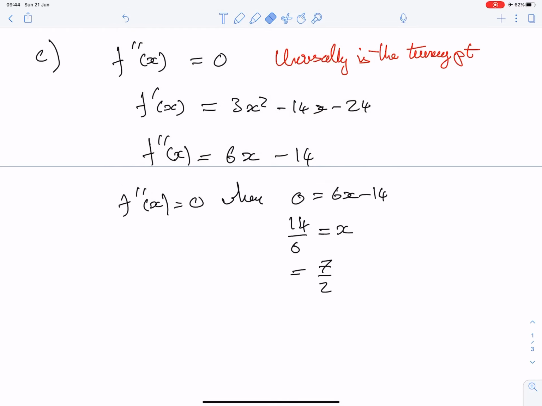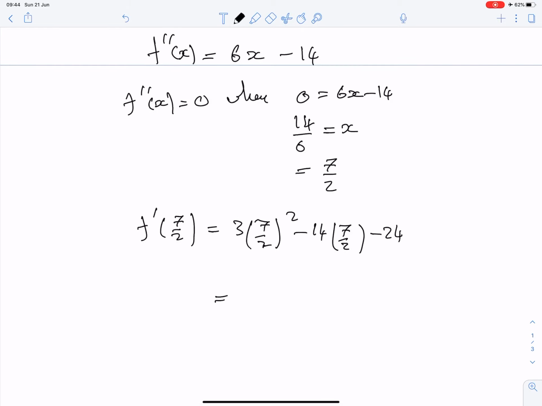So we need f dash of 7 over 2, which is 3 lots of 7 over 2 squared minus 14 lots of 7 over 2 minus 24.